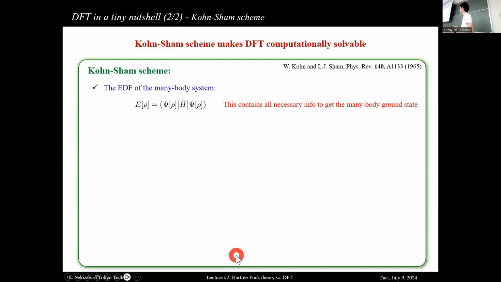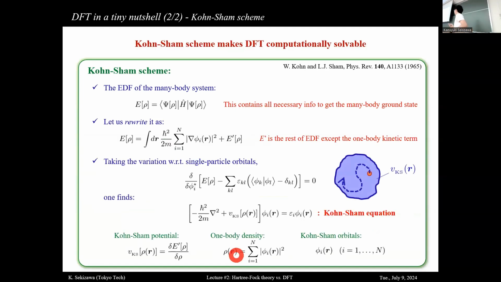To solve this variational equation, in practice, we introduce the Kohn-Sham scheme where we introduce a one-body kinetic term and a remaining part, and take the variation with respect to the single-particle Kohn-Sham orbitals. This is really similar to single-particle wave functions, but in the case of DFT, it is just a kind of numerical object to represent the one-body density.